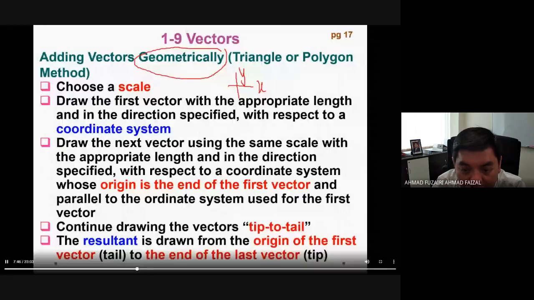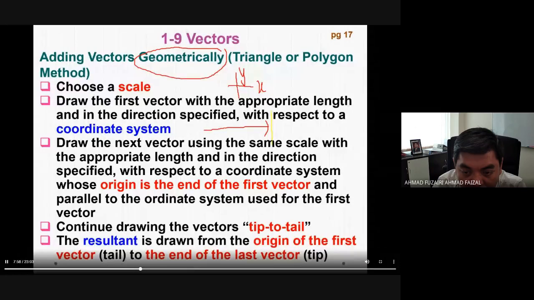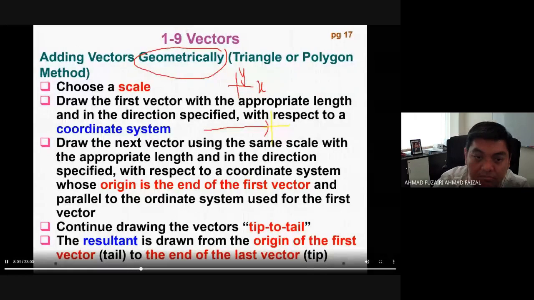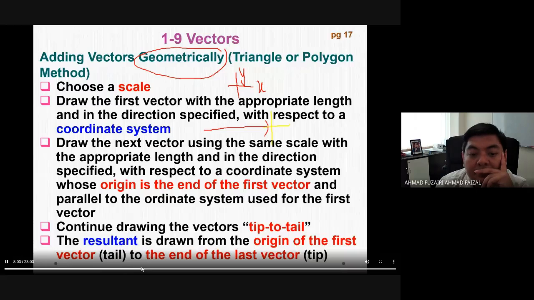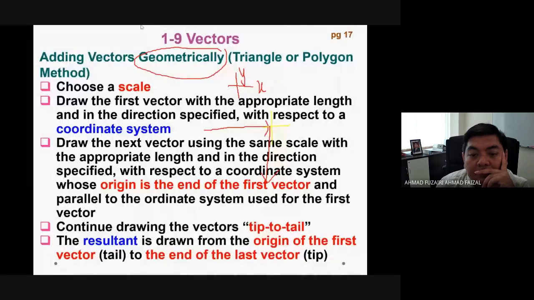For example, this is my first vector. To draw a second vector, I need to use axes at the tip of my first vector. For example, my second vector is going downward, so from this axis, my second vector goes downward here.